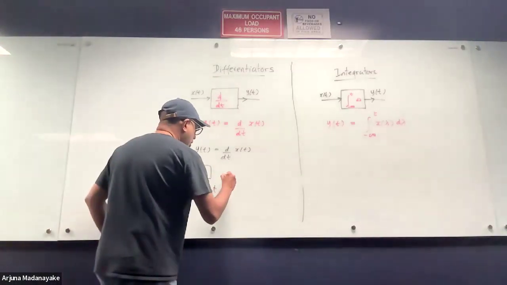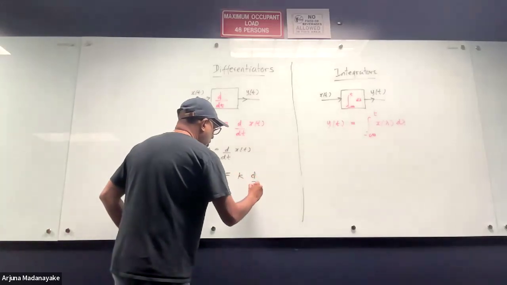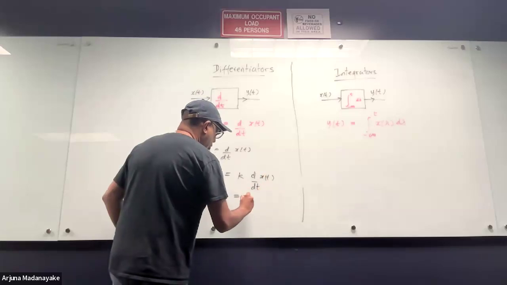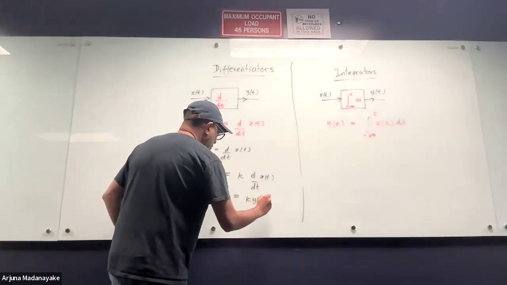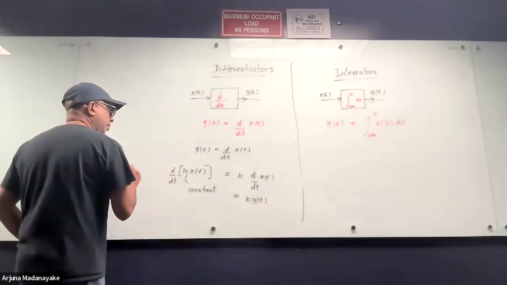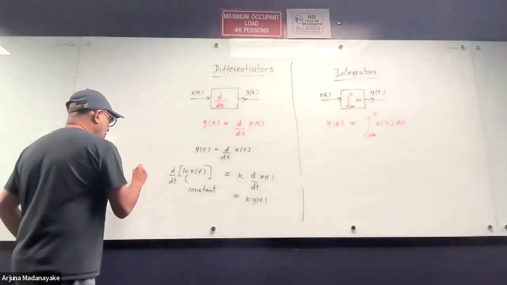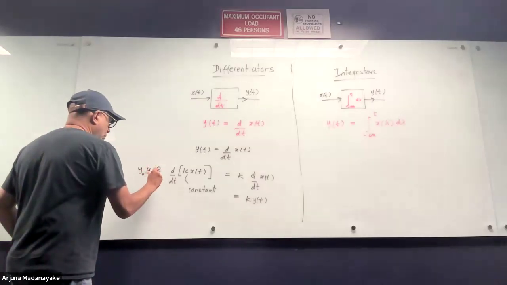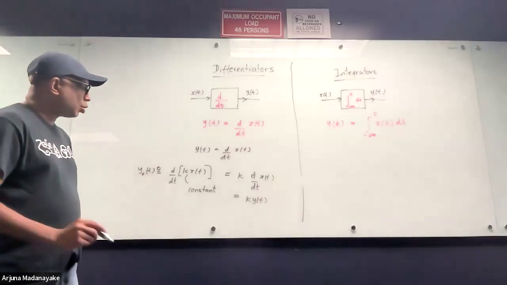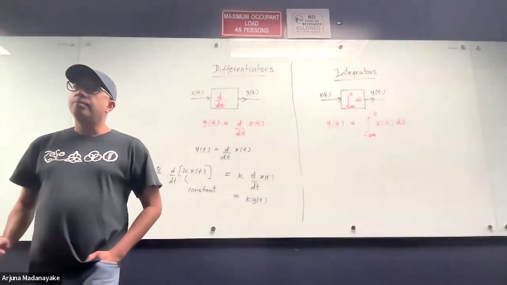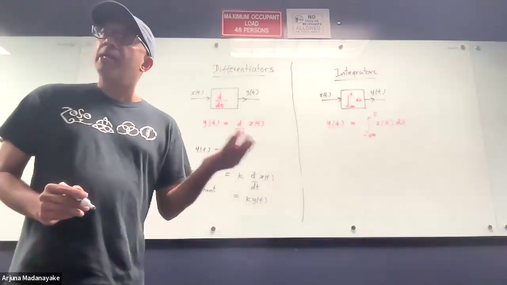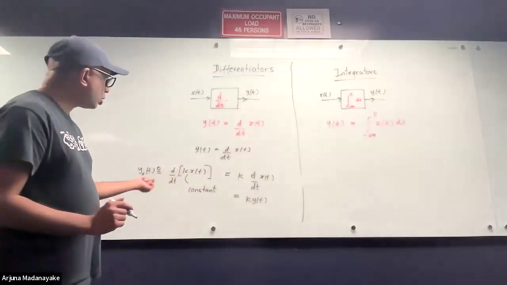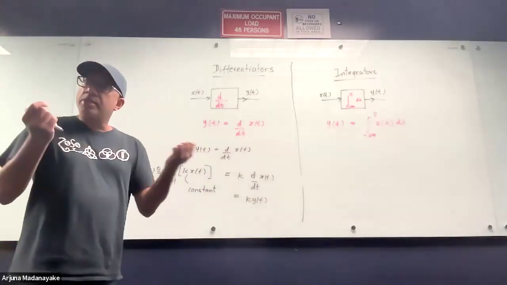So we have k times d over dt x of t. So you can see that the k popped out. That means it has the linearity property. When I scale the input, the output scales by the same value, even though the operation is now a differential.